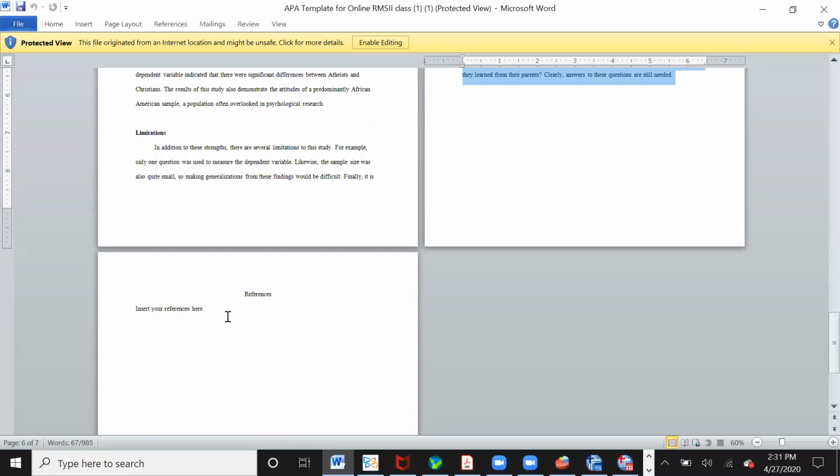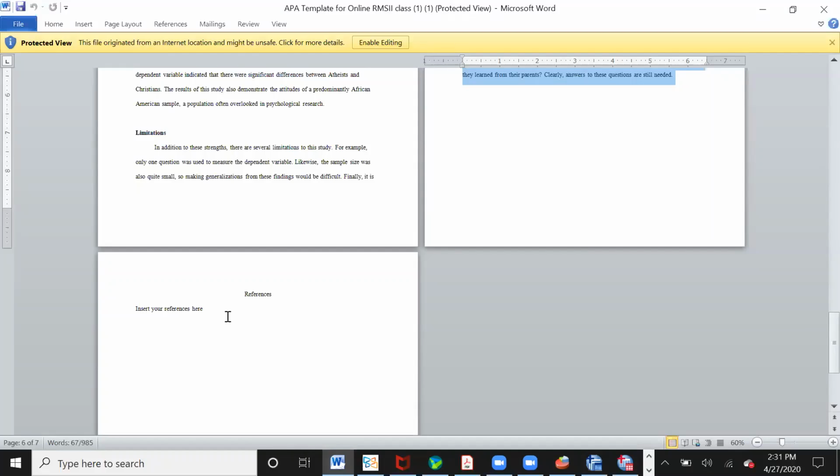Other questions? Okay, so when starting, I know we're supposed to do the abstract last. So when starting off our abstract, is it okay to start the paragraph off with prior research?